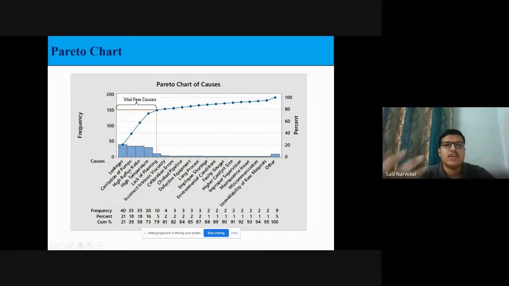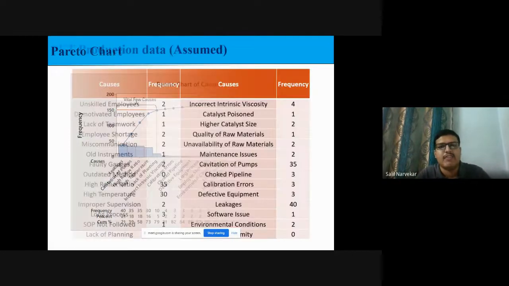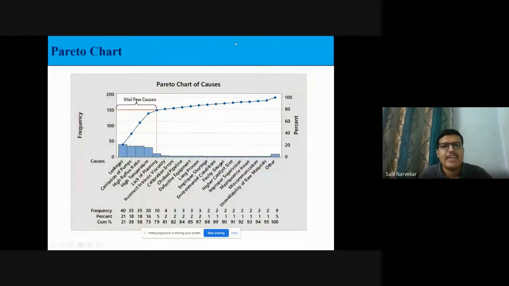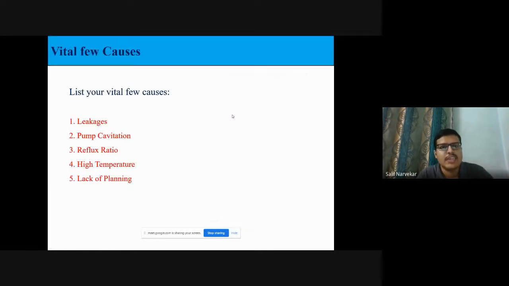Based on the dummy frequency which we had put, these 5 were identified as the vital few causes because they give the 80% cumulative cause for errors. So those have been listed down here, the 5 vital causes.